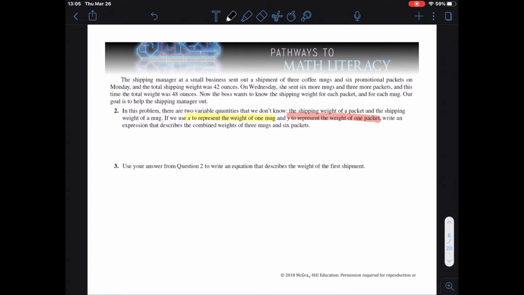We have 3 mugs that are X ounces each and 6 packets that are Y ounces each, so the total weight would be the addition of these two quantities. We just don't know what X and Y are; that is our goal. But this is the total weight of the first shipment, so this better equal 42 ounces.